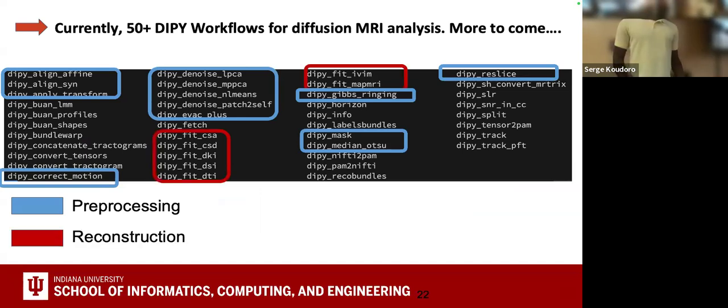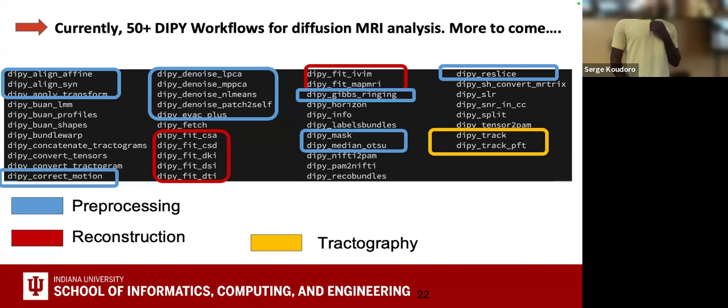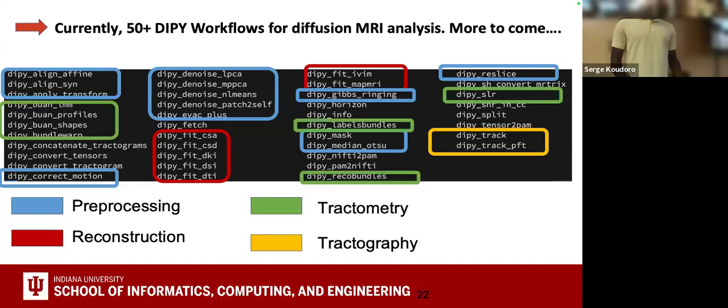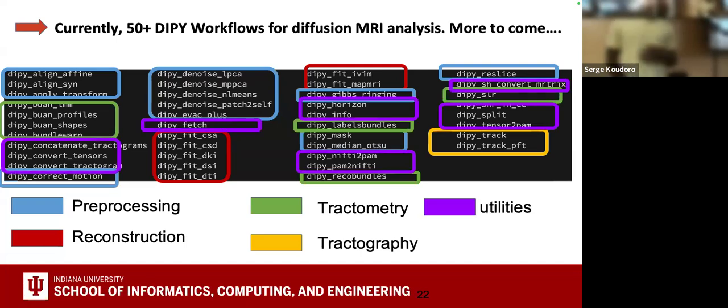Then the reconstruction part, where you do all the fitting methods. And the tractography part, here you have only two, but they contain multiple methods. Then you go to the tractometry, which is the analytics, I would call it, of the post-processing of the fiber. And then you have some utility functions that are needed to make your life simpler. Like I said before, we will try to add more and more command lines to make it easy for users to use DiPy. Otherwise, of course, everything is accessible if you program in Python.